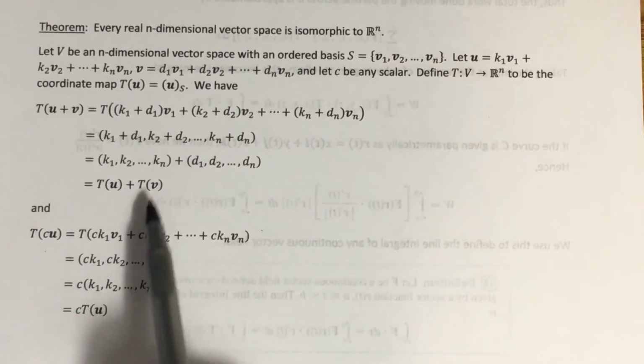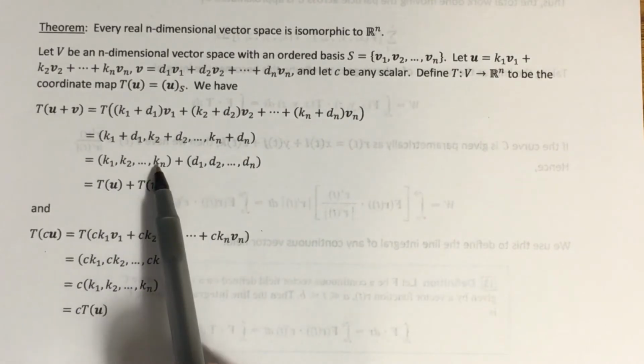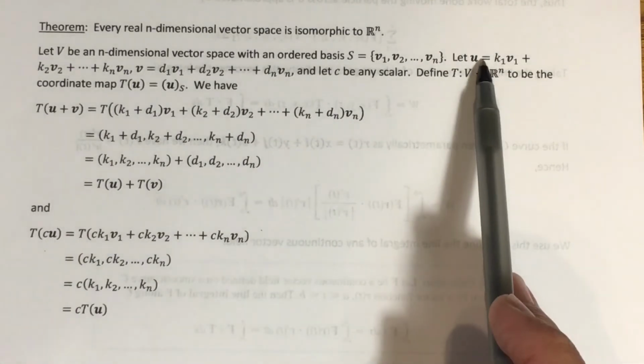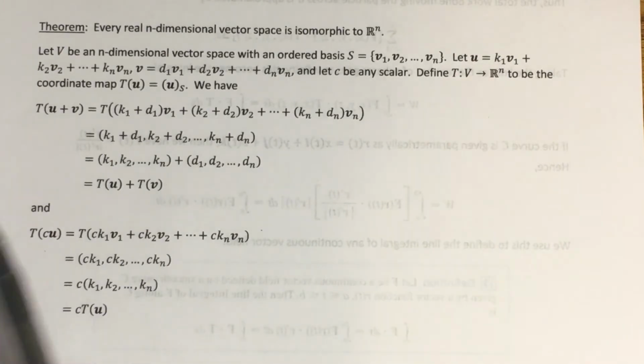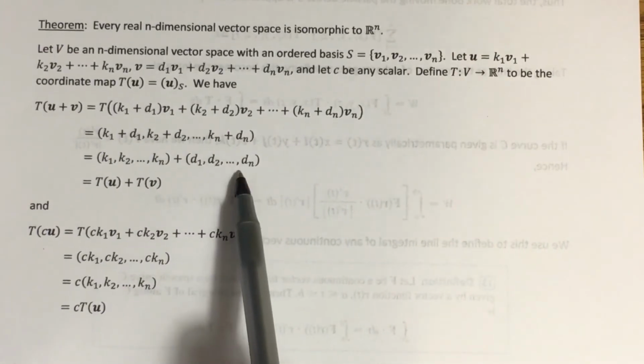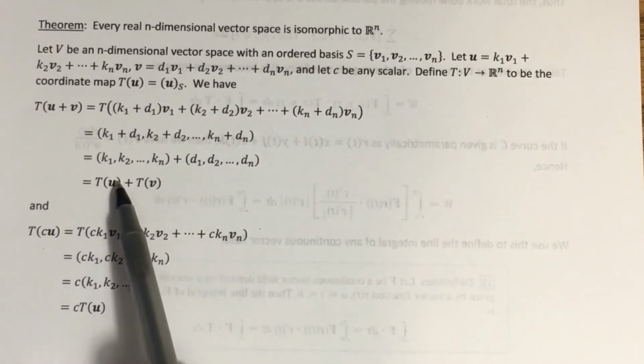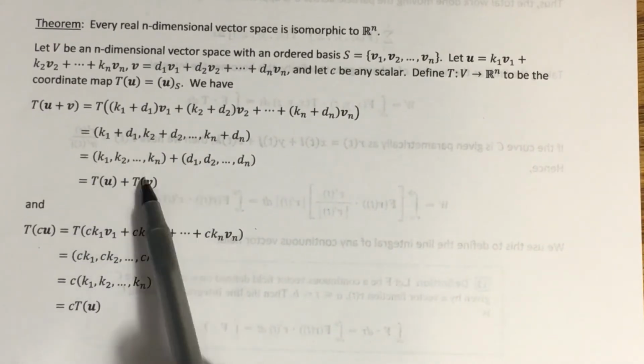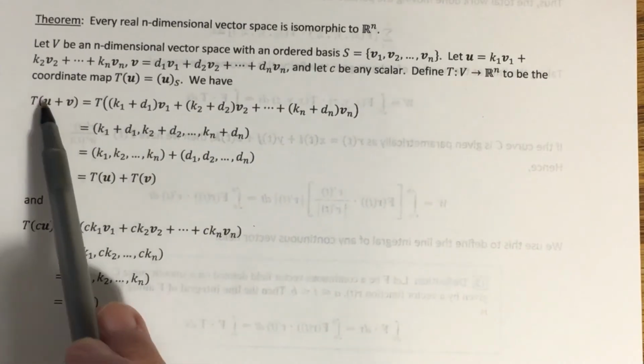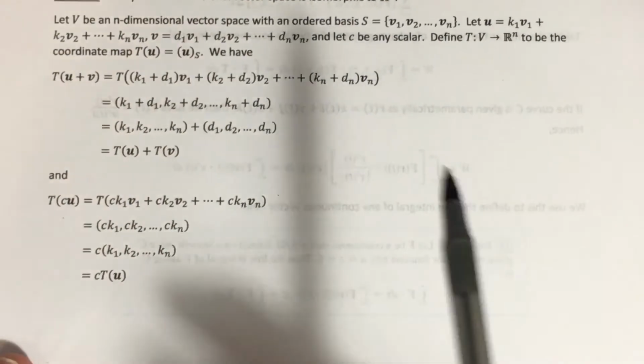This would give us this. However, this is the coordinate vector for U, because these are the scalars that show up in that linear combination, and this is the coordinate vector for V. So this is just T of U. Remember, T of U gives me that coordinate vector, and this is just T of V. From here to here, I see that I have the additive property that we need.